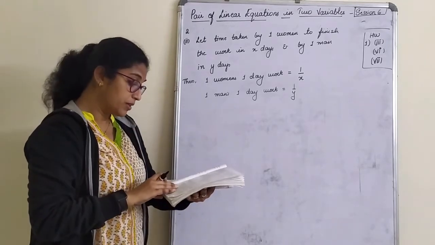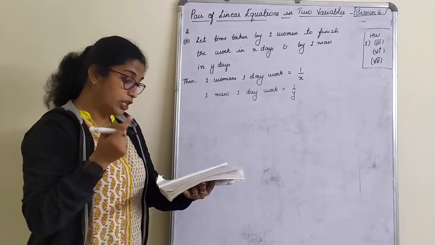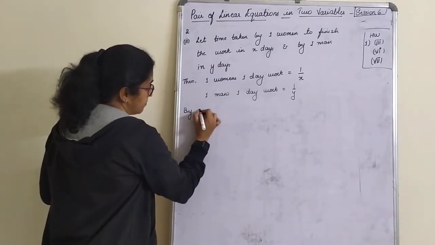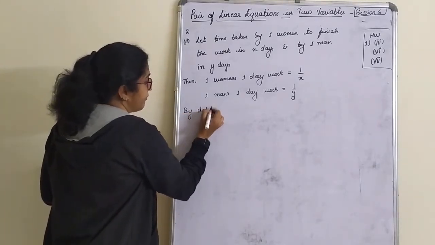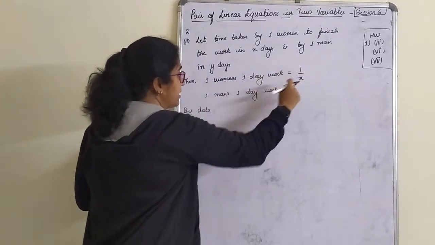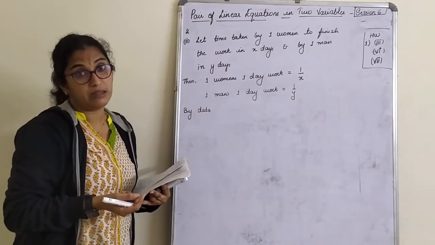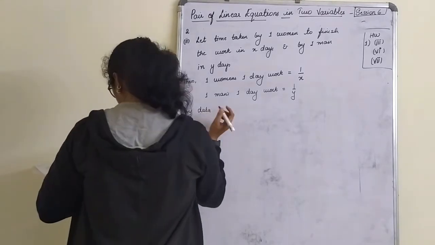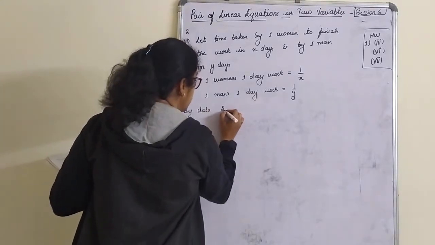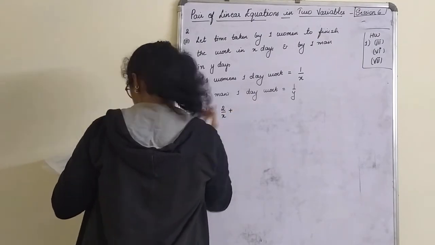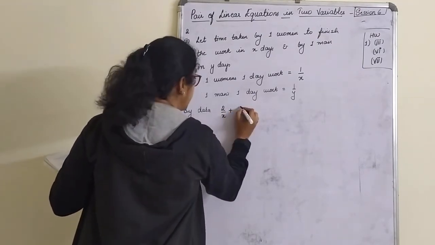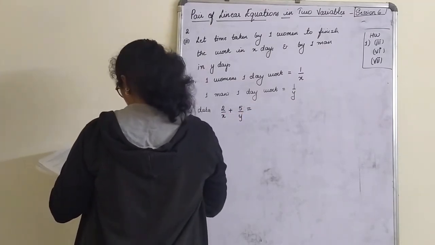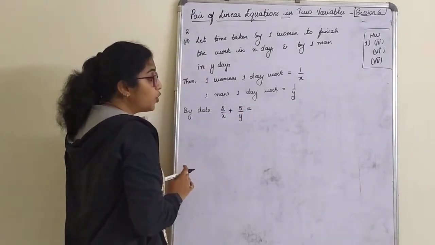Read the question. 2 women and 5 men together can finish by data. If 1 woman can finish in 1 by x, then 2 women can finish in how many days? So by data, 2 women, that is 2 by x, plus 5 men, 5 by y, together they can finish the embroidery work in 4 days.